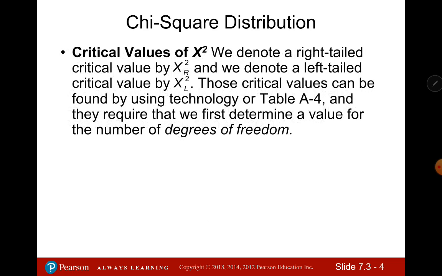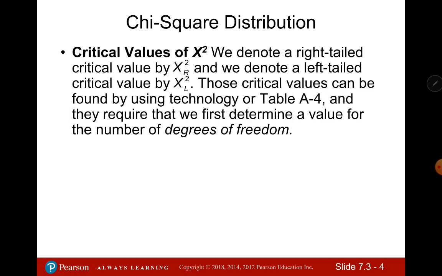When we check the chi-square table, we need to check two critical values. Remember, when we check the z table or the t table, we only need to check one critical value. Why only one critical value for the z table and the t table?